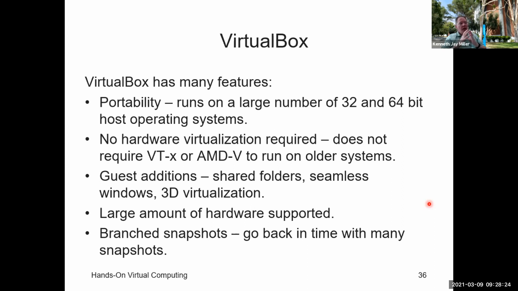Now, it does not require hardware virtualization. So the HAV is not required. However, to run a 64-bit operating system inside of a 64-bit processor, you must have HAV, which is fine for newer systems. The CPUs all have that enabled, but older systems, you may not be able to do that.